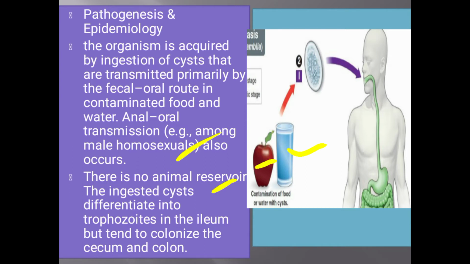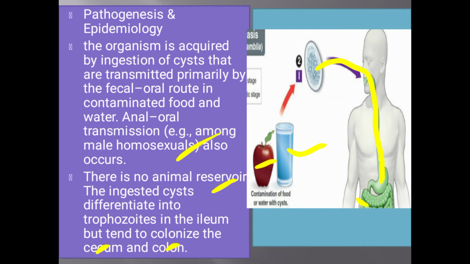The ingested cyst differentiates into the trophozoite in which part? In the ileum, the last part of the small intestine. And they colonize the cecum and colon. You know that the cecum is part of the large intestine and the colon is also part of the large intestine.